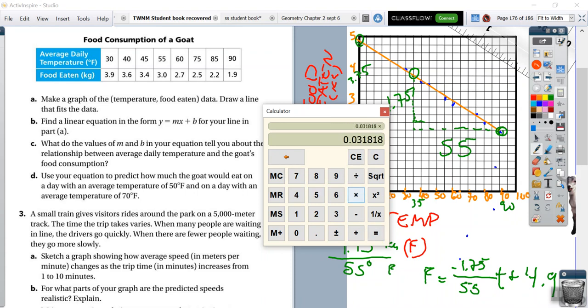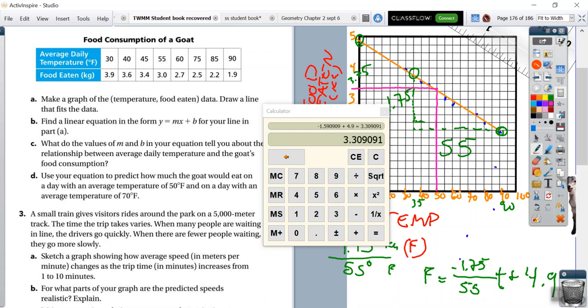We're going to multiply that by 50 because our temperature is 50 in this case. And that piece is negative. And we're going to add it to the amount that it would eat if it had a temperature of 0. And so we'd expect it to eat roughly 3.3 kilograms. And lo and behold, if I were to use my graph, that looks about right, 3.3 kilograms.